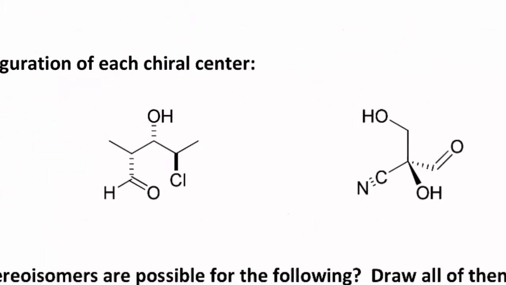I labeled the priority for the atoms, and I got the configuration S. So this carbon was 1, this one was 2, and that one was 3. Is that what you did? No, I didn't do it like that.